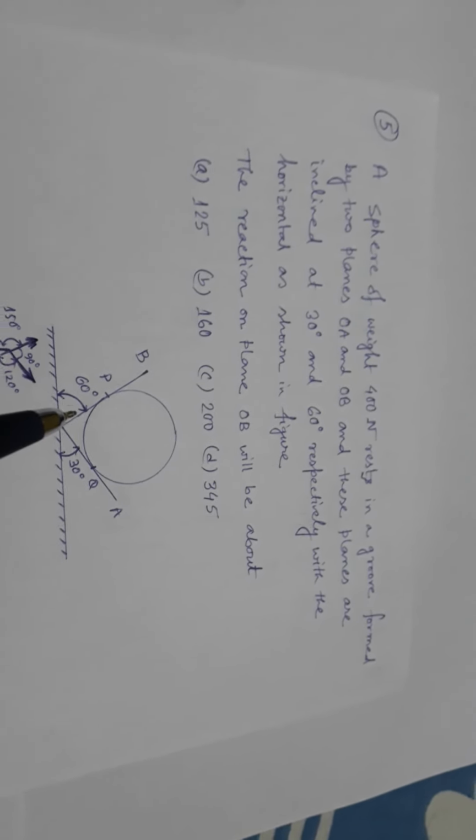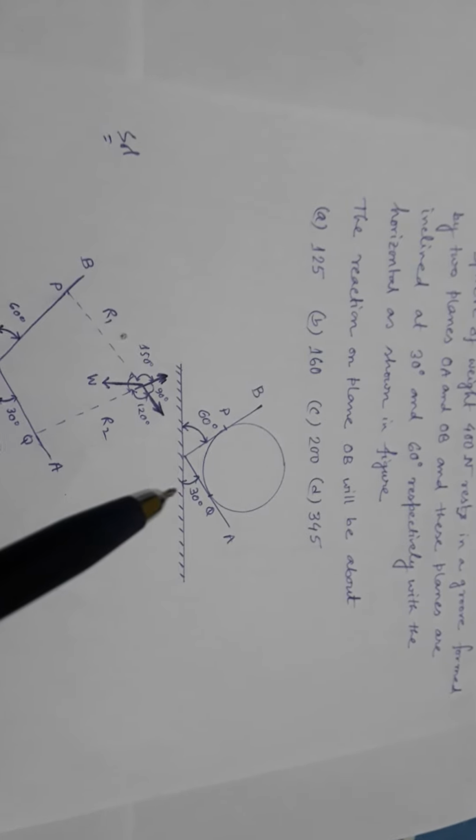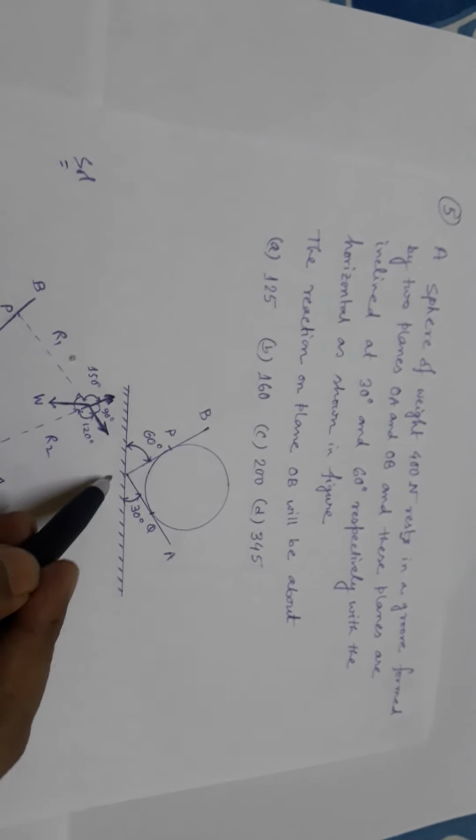From this main diagram you can draw the free body diagram. We have to find out the reaction on the plane OB. I think this is the O point. So we have to find out the reaction OB.